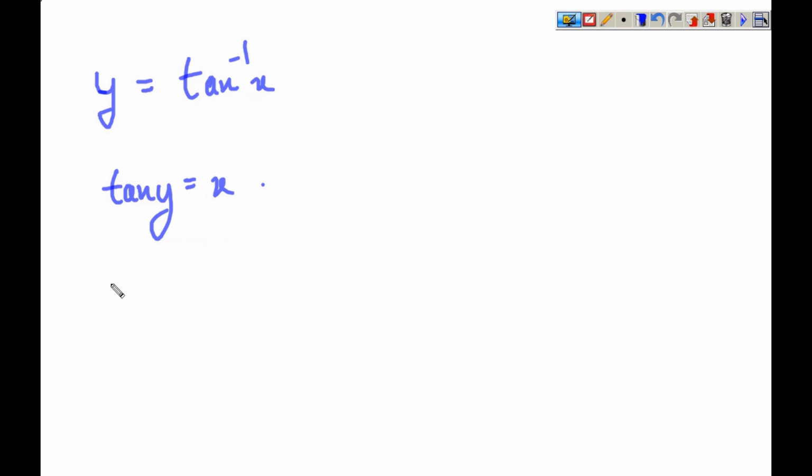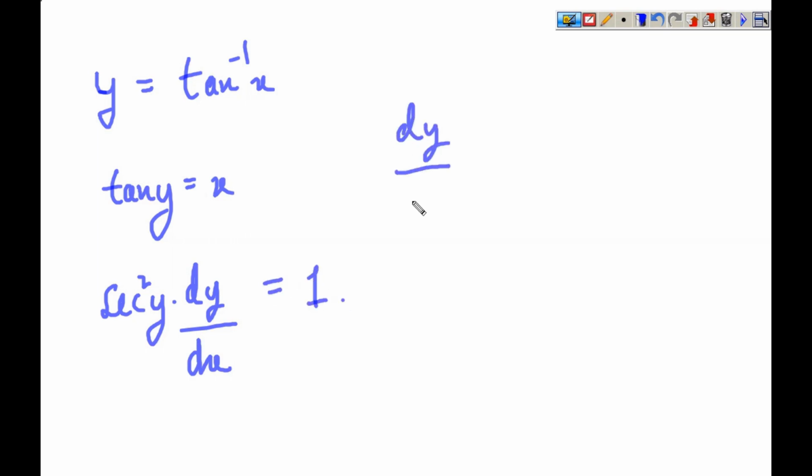So let's differentiate it throughout. We get secant square y times dy by dx equals 1, which implies dy by dx equals 1 by secant square y.